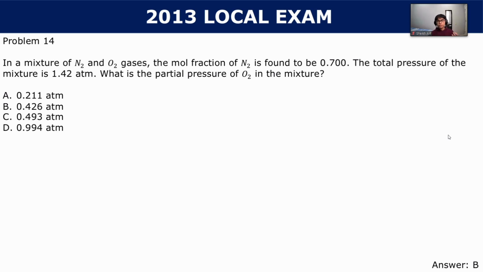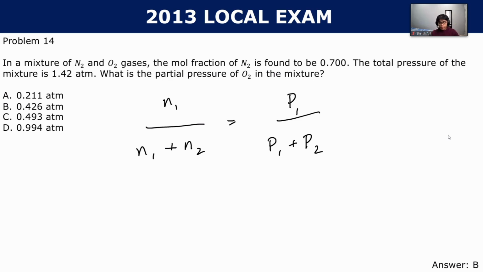So the partial pressure of a gas is going to be related to the mole fraction of the gas. And that is because pressure is directly involved with the number of moles that you have. So as you increase the number of moles, you're also going to increase the pressure. So that means the number of moles of 1 over the total number of moles is going to equal the partial pressure of 1 over the total pressure.